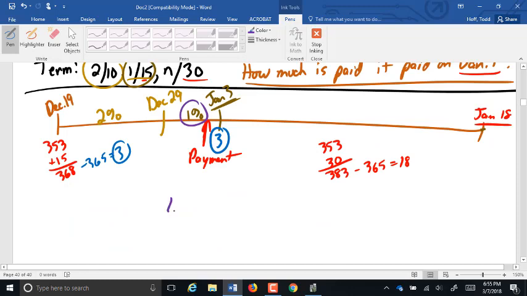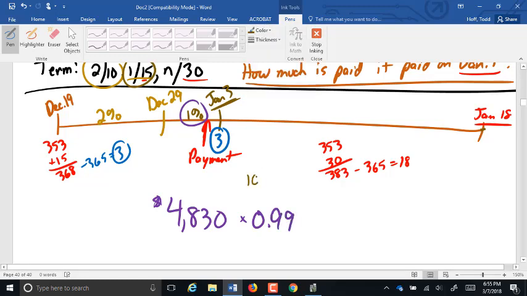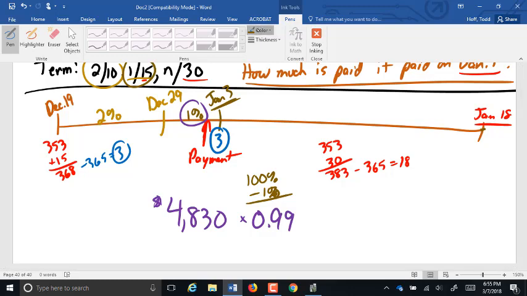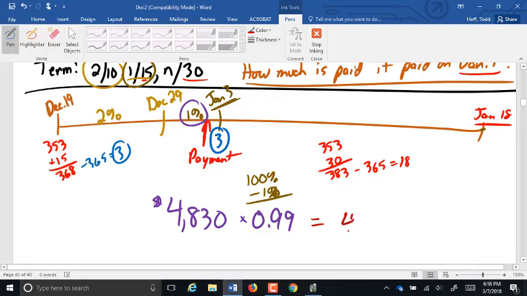So we're going to take that $4,830 and multiply by what? 0.99. Where'd the 99 come from? The complement. 100% minus 1% is 99%. Which is going to give us $4,781.70.